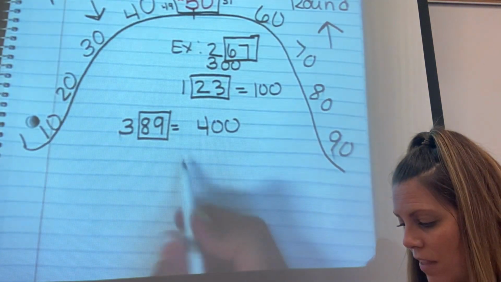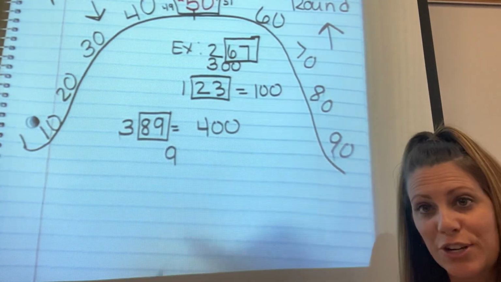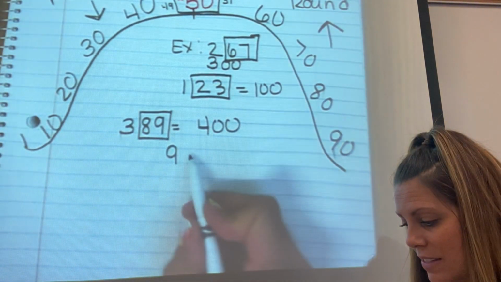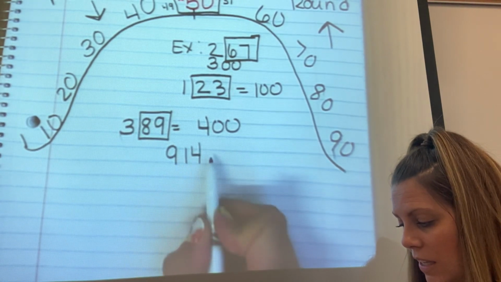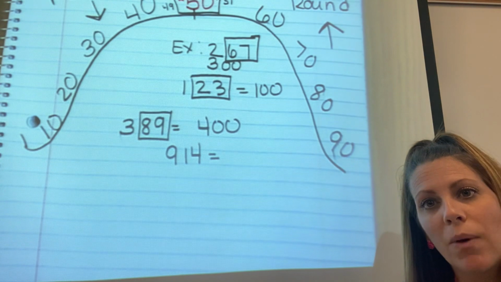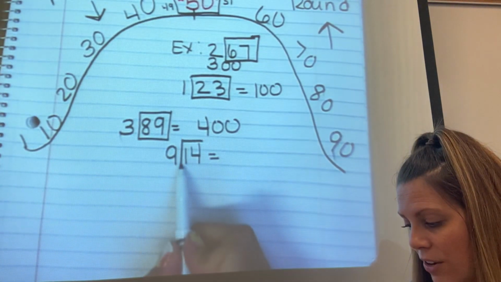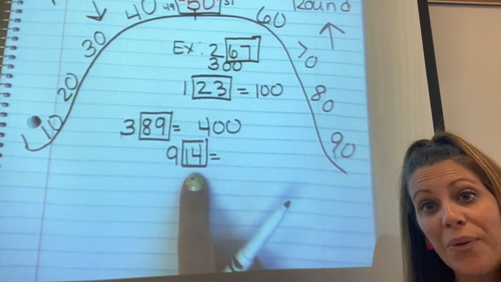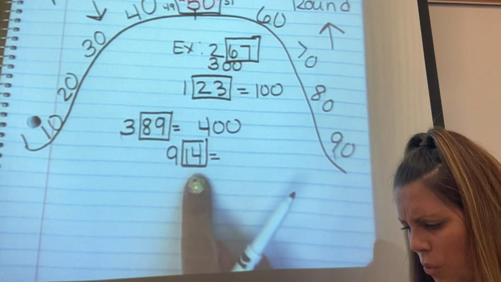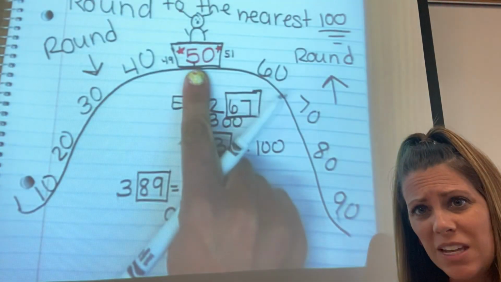And then we'll try one more. What if I have the number 914? Think about what you're going to do. You're going to look at your tens and your ones. What number do you have? You have 14. Is 14 close to our halfway point of 100? Is it close to 50?